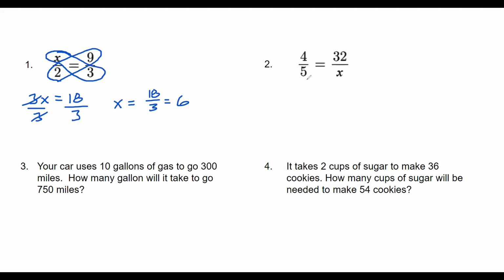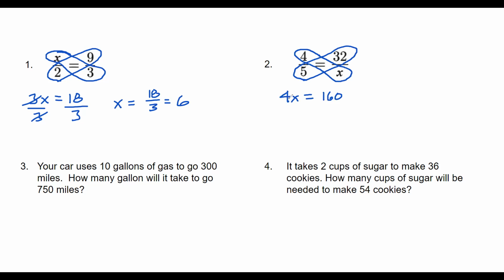Let's take a look at problem 2. Once again, I look at my different cross products, and I want to start with the one that involves the x. And notice that the x is in a different position here. It's in the bottom right. It doesn't matter. We're just going to multiply the cross products. It's going to have very little to do with how we solve this. 4 times x. Then we move over to here, and we multiply 5 and 32. 5 times 32 is 160.